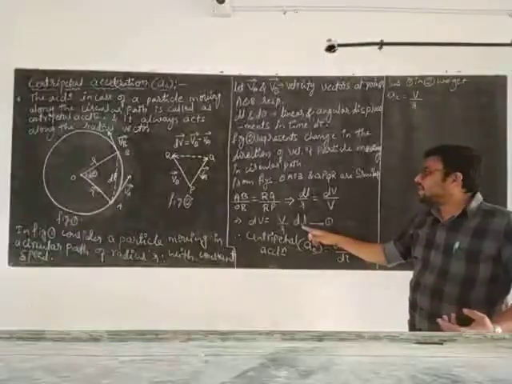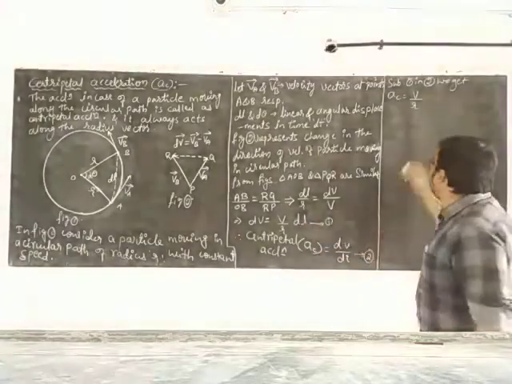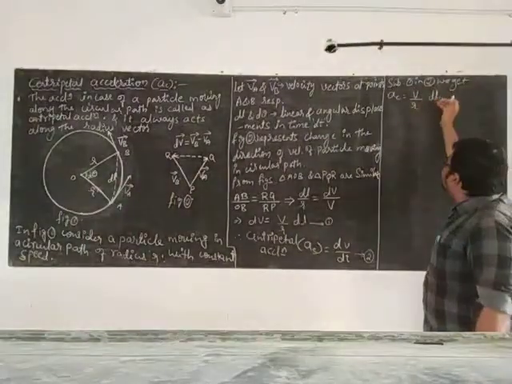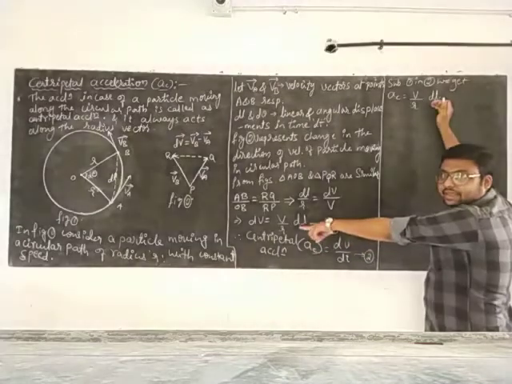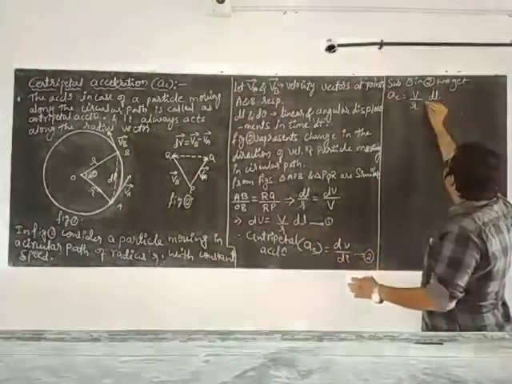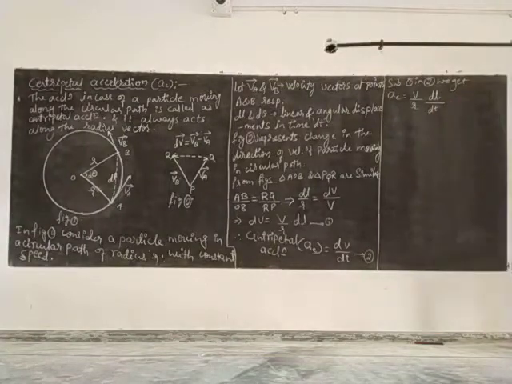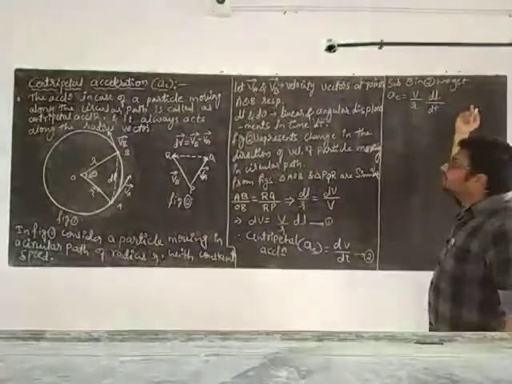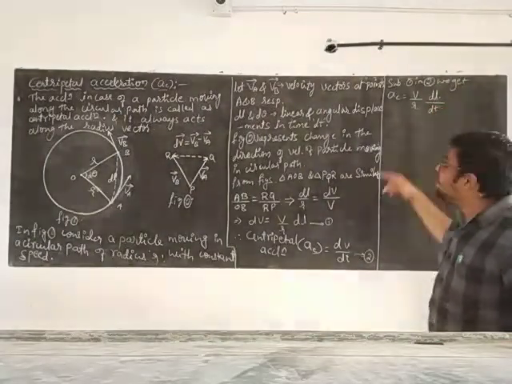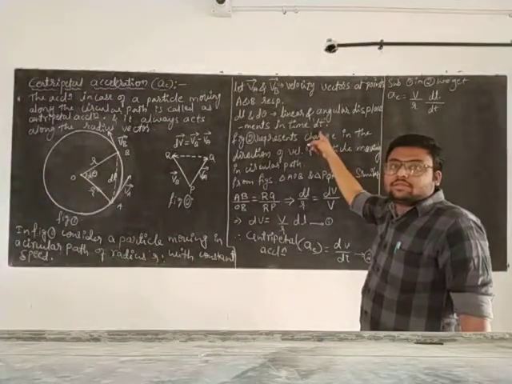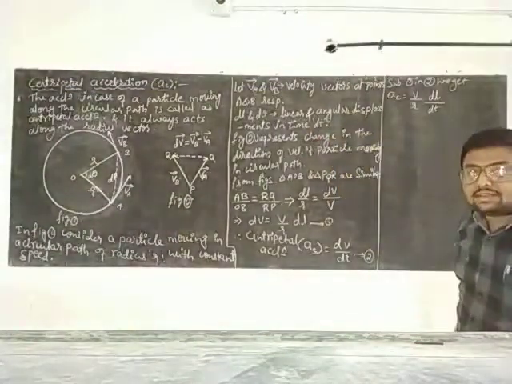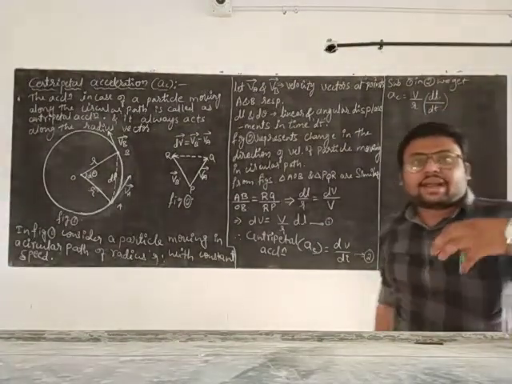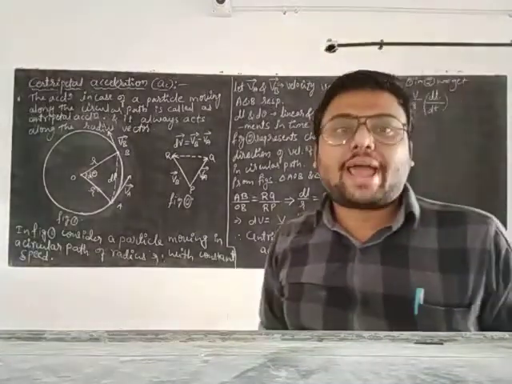because it is the radius of that circular path. But when it comes to dL, it is variable. So dL, dL is equal to dV, and we have here the dt term. dL means the linear displacement. dt is the time in which the linear displacement is happening. So this term indicates the rate of change of displacement with respect to time.